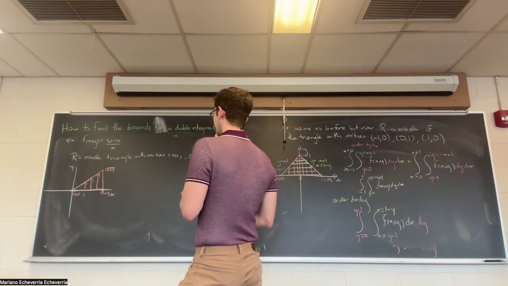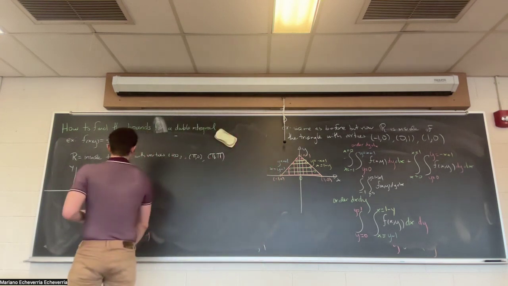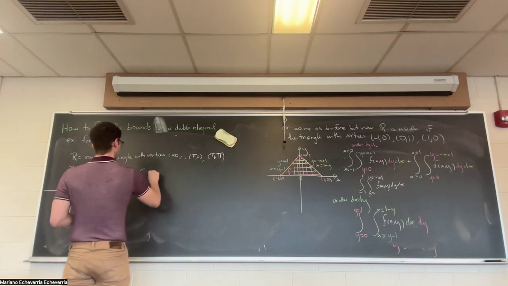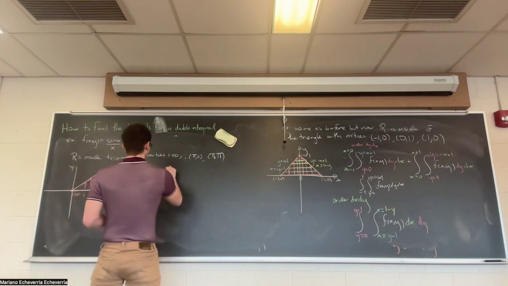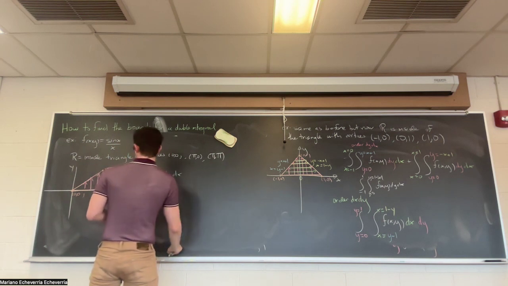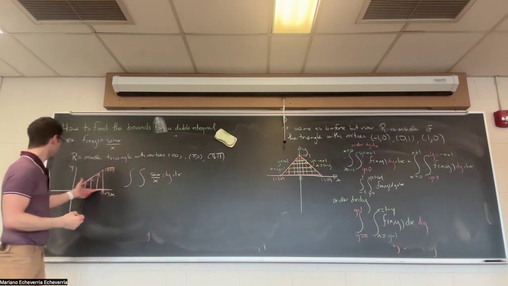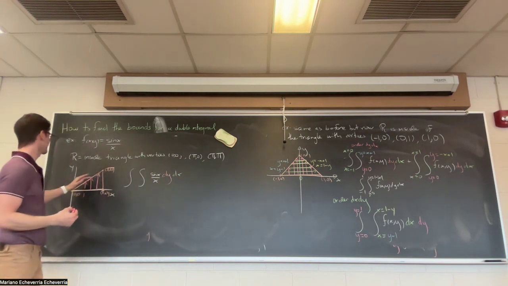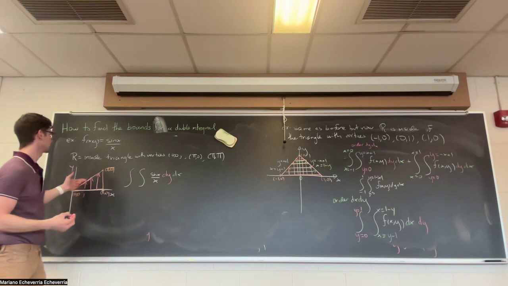So in this case, you have the double integral of sine of x over x. If you're integrating first with respect to y and then x, the y bounds go from y equals 0 to the equation of the hypotenuse. In this case, the hypotenuse is just y equals x.